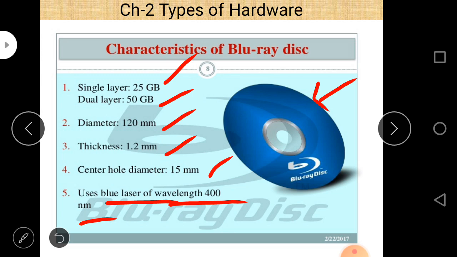So these are some characteristics of Blu-ray disc. That's why they are called the Blu-ray disc.